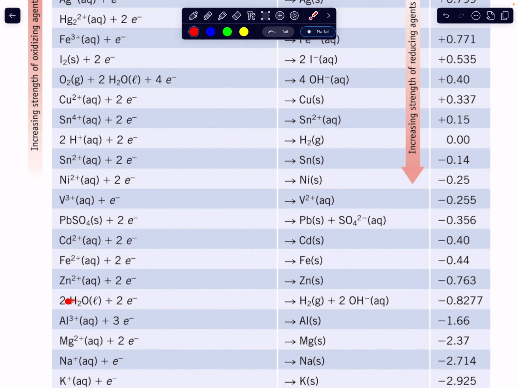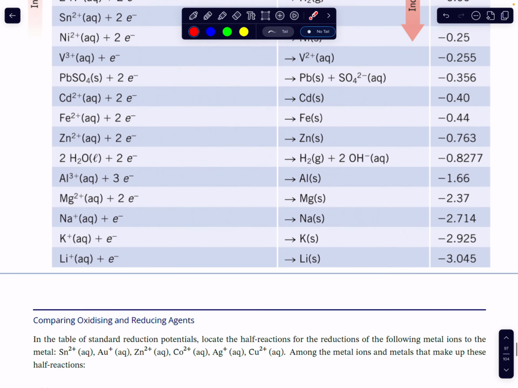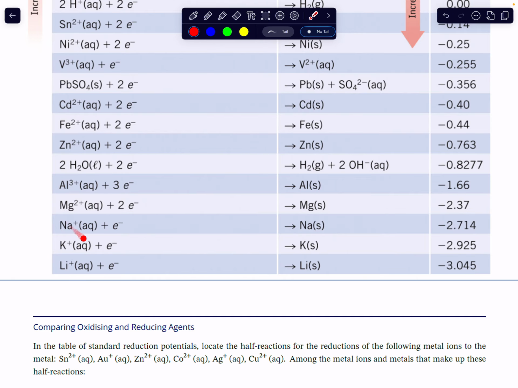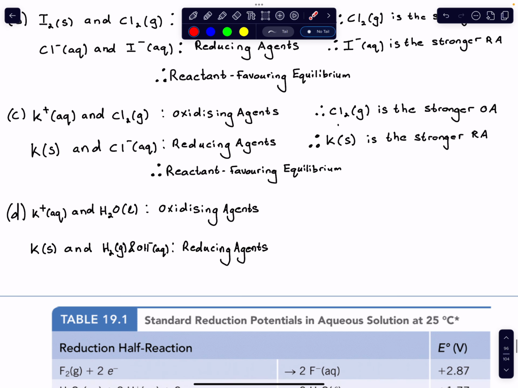Here it is. 2 water plus 2 electrons giving hydrogen gas and hydroxide. So indeed, water in this case is the stronger oxidizing agent. It lies only a little bit above the K+. So in other words, it would be preferentially reduced over the potassium because it is a stronger oxidizing agent. All right, so water liquid.